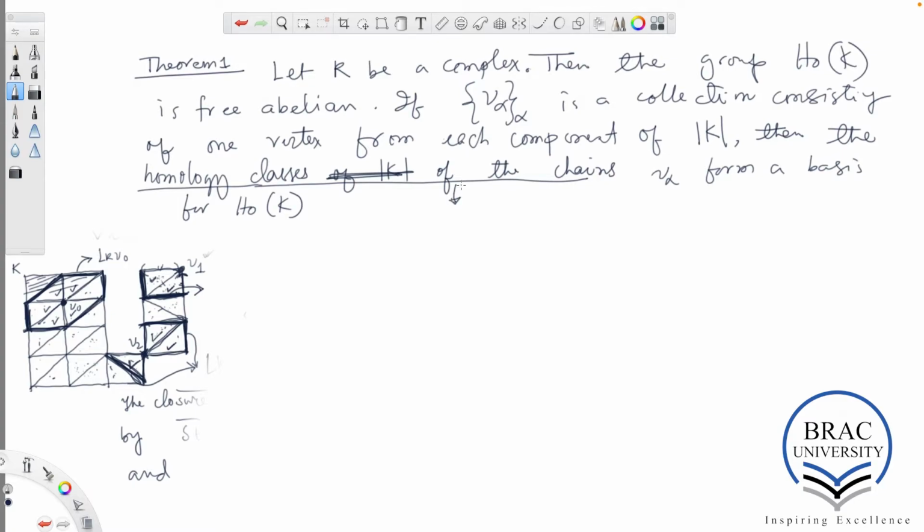It means that we take all the zero chains that are cycles but not zero boundaries. It's the set of all zero cycles, in other words, the zero chains which are cycles, in other words, zero cycles that are not zero boundaries.